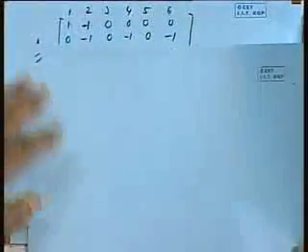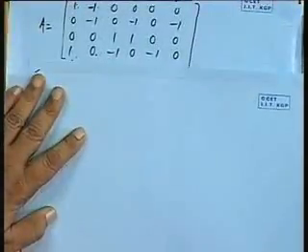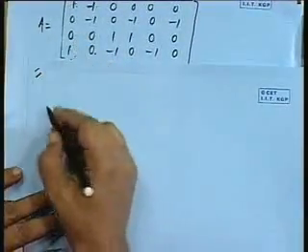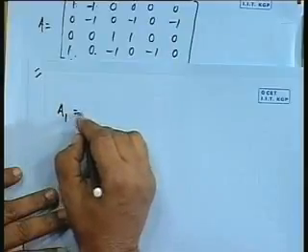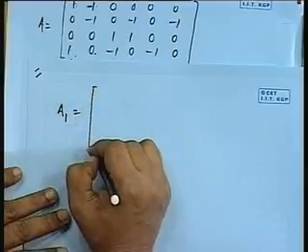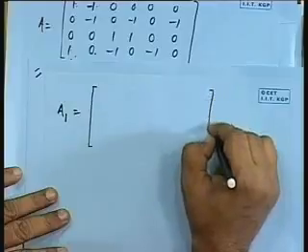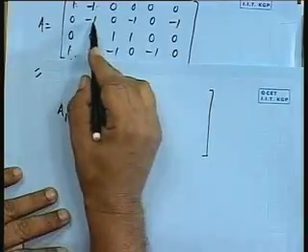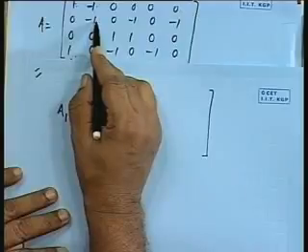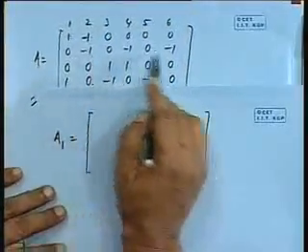So we shall work it out here. From the A matrix, if you apply those transforms, what will be the possible next transform? I can change the sign of the second row.